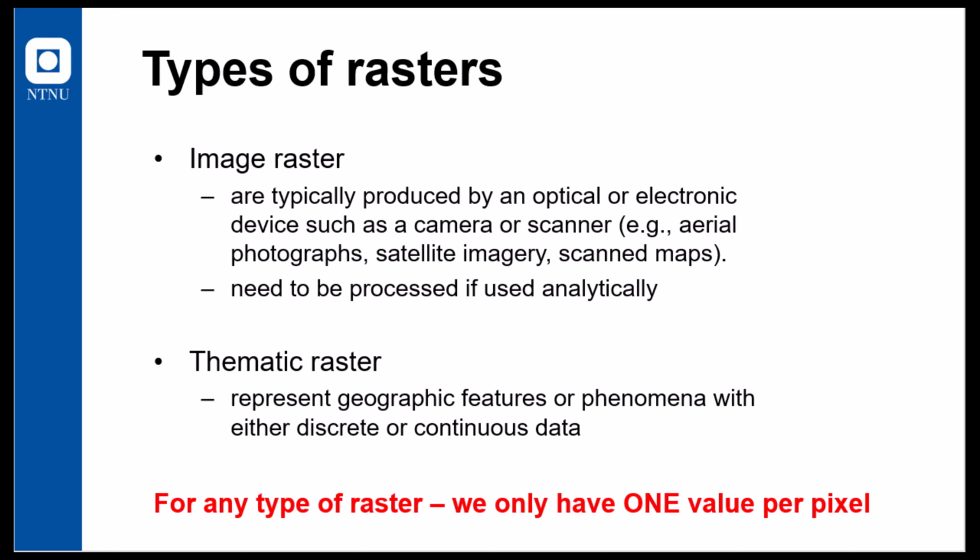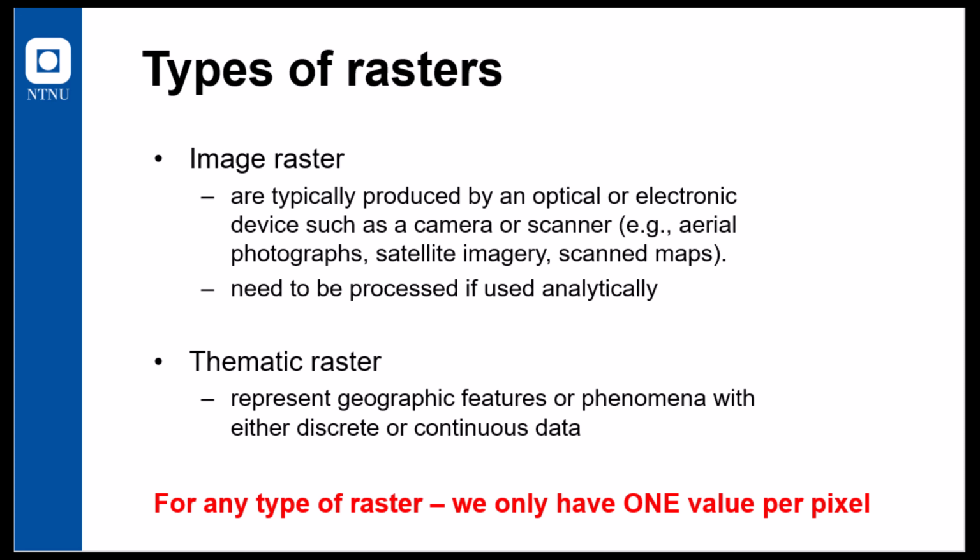Also, if you have a scanner and scan a paper map, the resulting image would be an example of an image raster. Image rasters are often used as background for visualization purposes, but sometimes also used for analytical purposes, but then they need to be processed further.